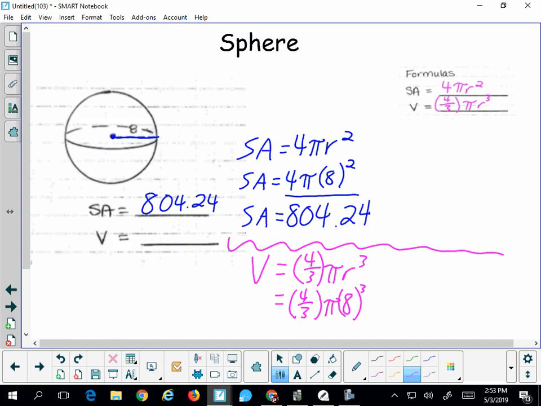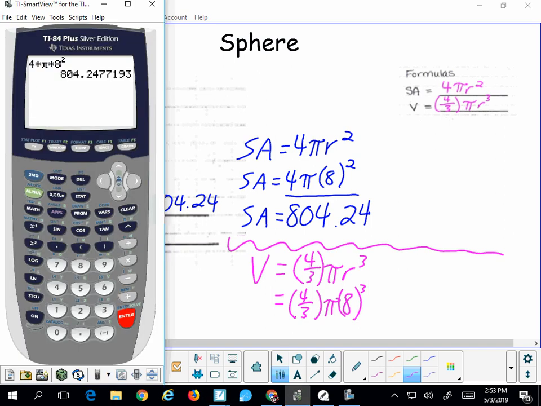At this step, I go back to my calculator, and I wrote the formula out exactly how I want to put it in the calculator. I always recommend putting a fraction inside parentheses. So we have 4 over 3 in parentheses. I'm going to go ahead and put the times symbol in.